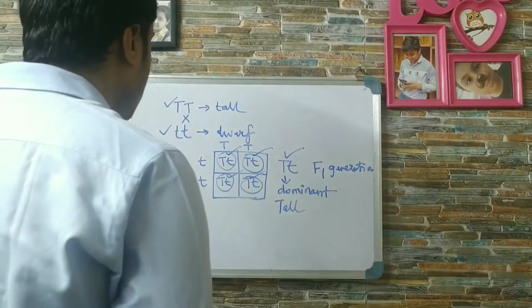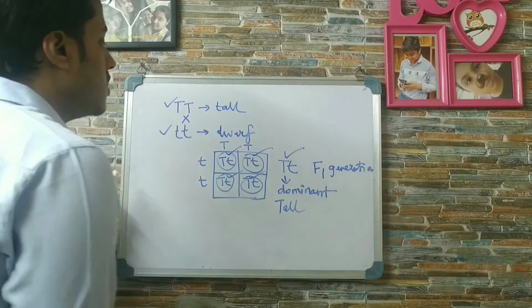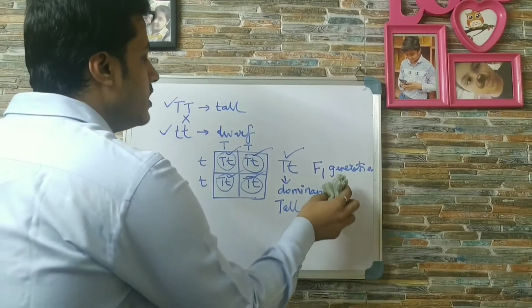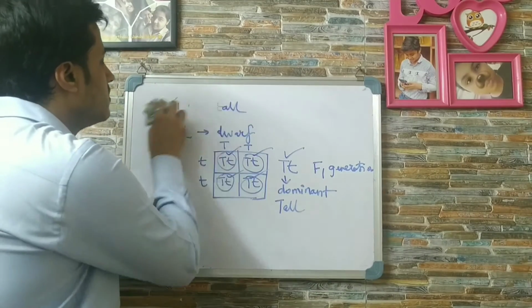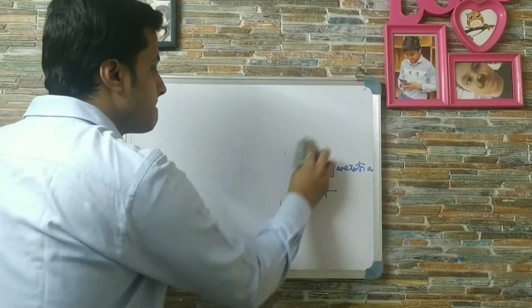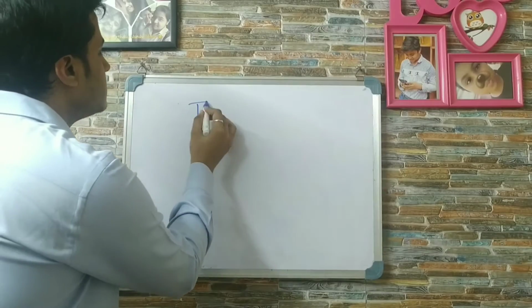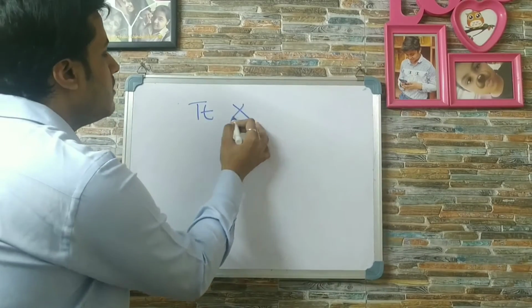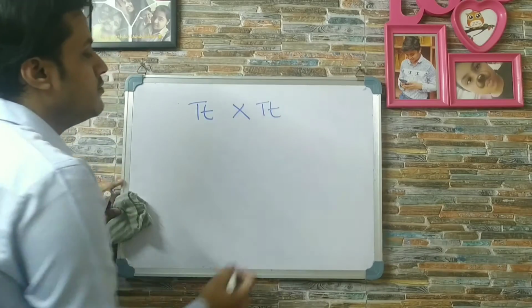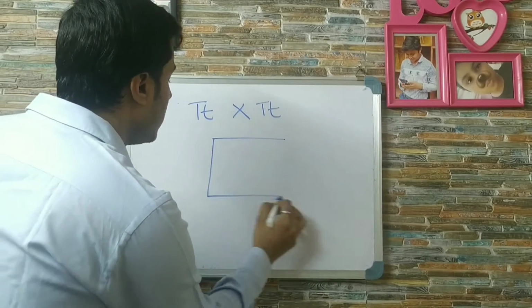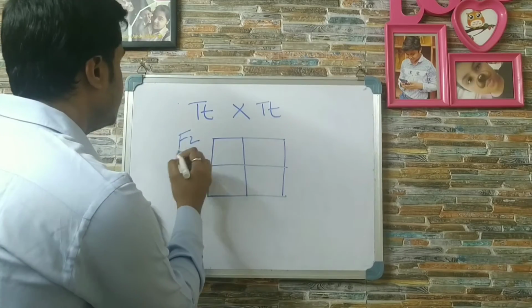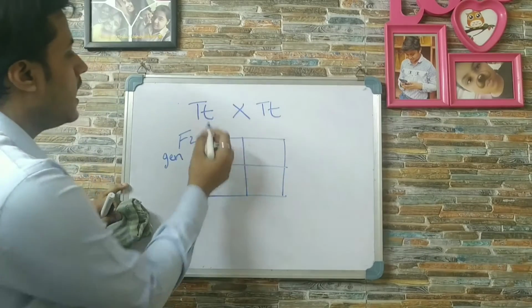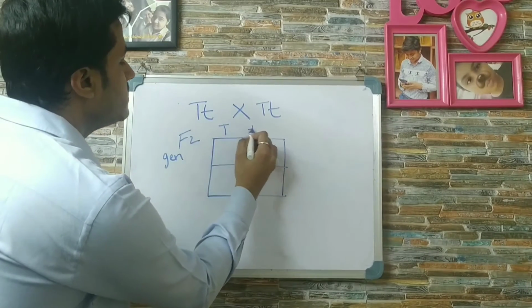Okay. Now when we are talking about a monohybrid cross, that will be for the F2 generation. Now imagine if there is a self cross between hybrid tall and a hybrid tall, then the Punnett square for this is called F2 generation, and this you can again write in a similar manner.